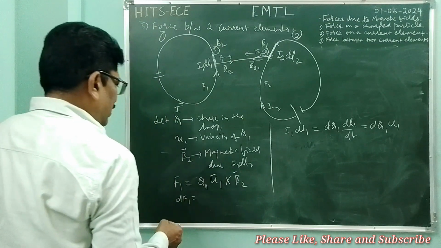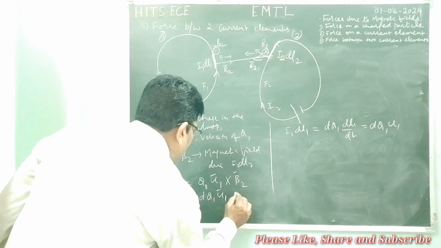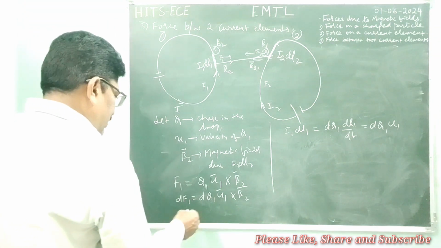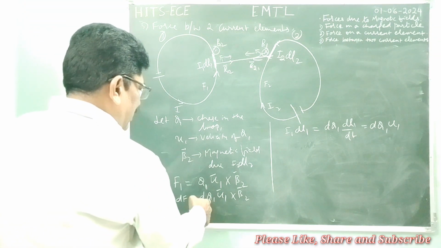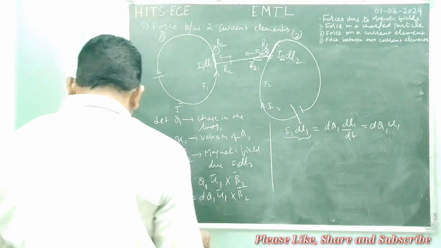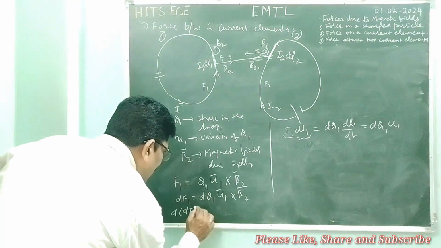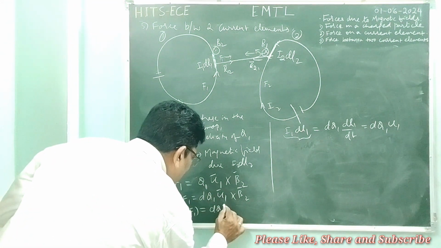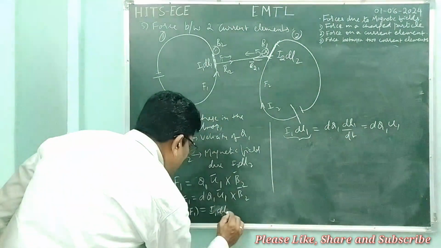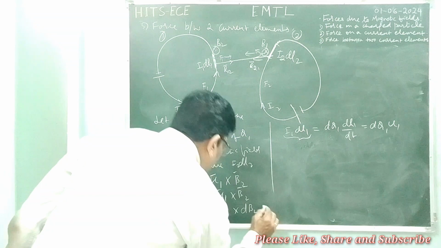We differentiate dq1 u1 cross B2. dF1 is equal to dq1 u1, which is I1 dl1, I1 dl1 cross B2, differentiated with respect to B, so I am writing here B2, dB2.